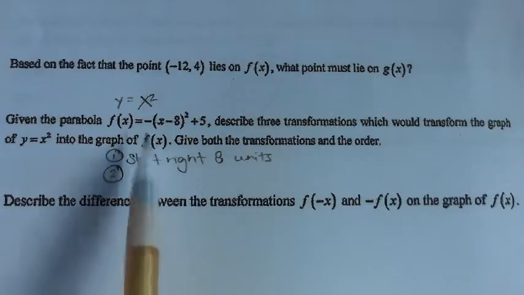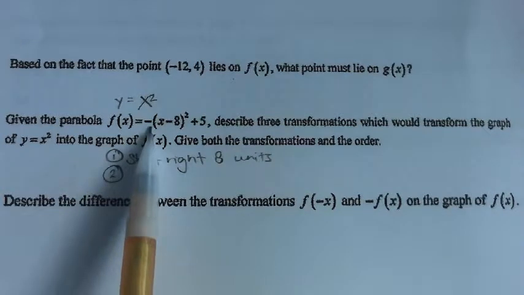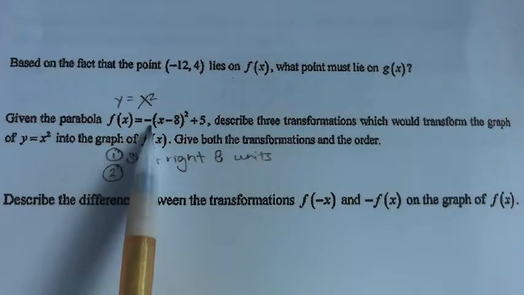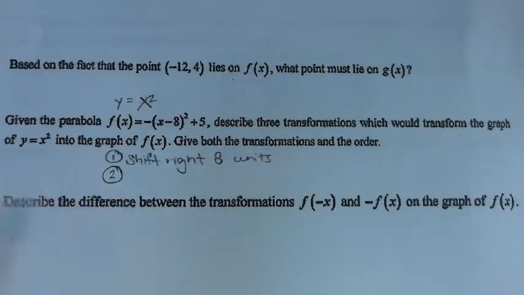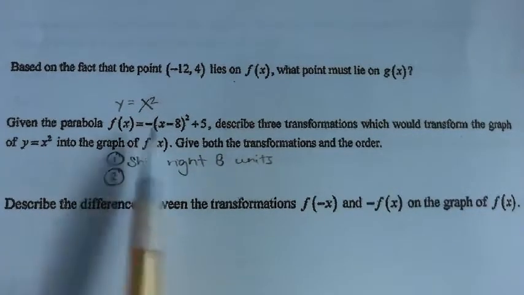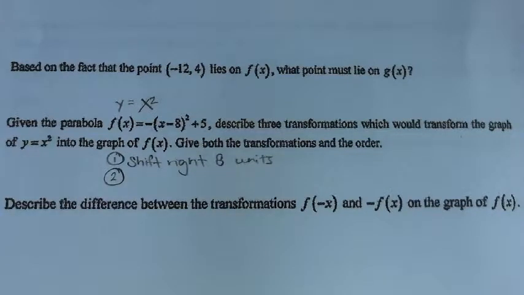How did you know that came first, that negative out in front came first? You just did. Who can verbalize how they know that that negative needs to be applied before the plus 5? Isaiah? It would be a completely different graph, but how do you know that that negative comes first?